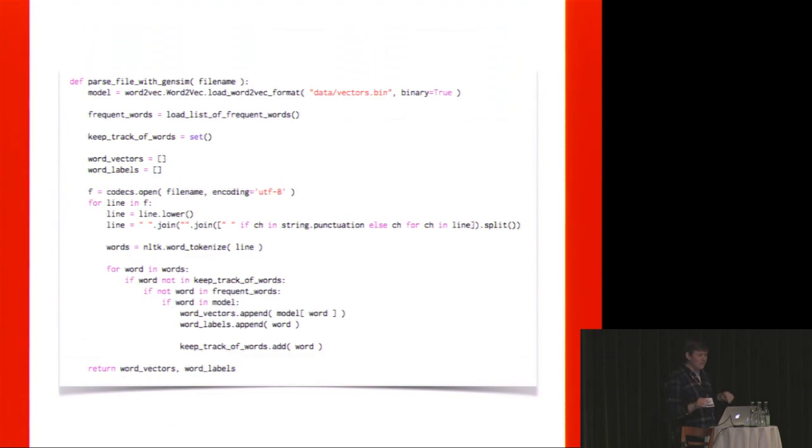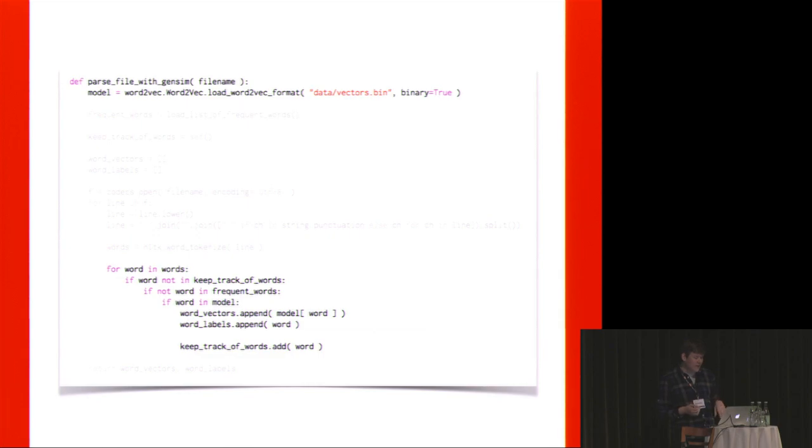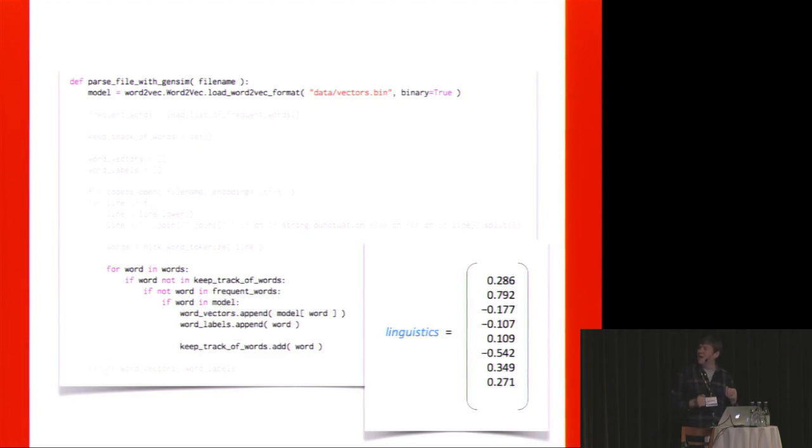A bigger example, where I'm also keeping track of the most frequent words, because they're not that interesting. I'm just collecting the vectors in a list and then returning this list, because again, what I want is just a vector, a numerical representation of the words.